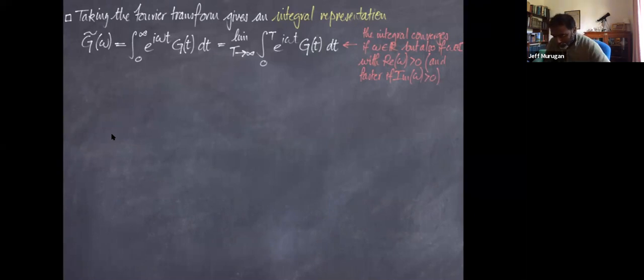So in other words, this quantity here, G tilde of omega, is well behaved.